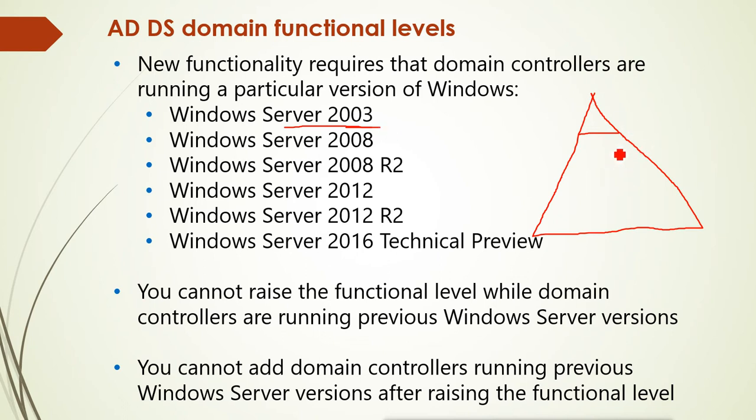Now suppose I install a new child domain and use Server 2008 there. Still, I cannot increase the functional level of this domain to Server 2008, even though I am using Server 2008 for the whole domain, because the forest is still on Server 2003. So we cannot increase the domain functional level more than the forest.